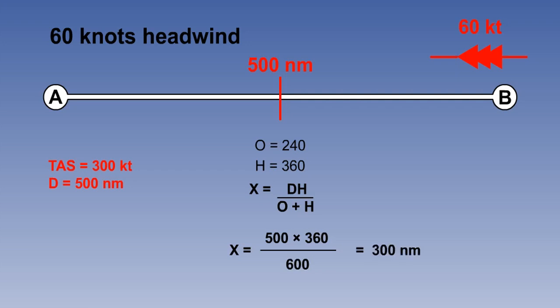This means that x, the distance to the point of equal time, is now 500 times 360 over 600, which comes to 300 nautical miles. So using the algebra confirms what we have shown with simple navigation calculations earlier. The effect of a wind component along track is to move the point of equal time towards the direction that the wind is coming from.